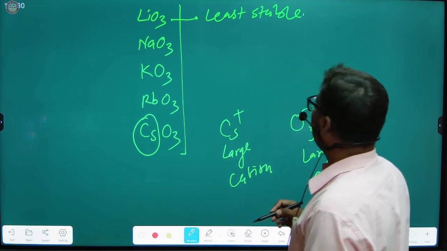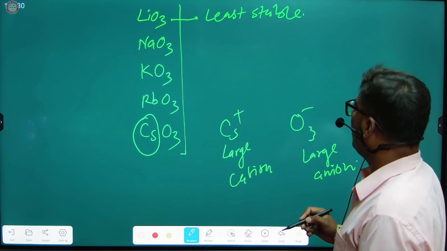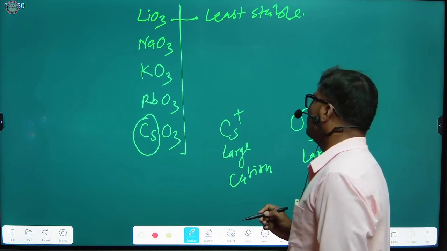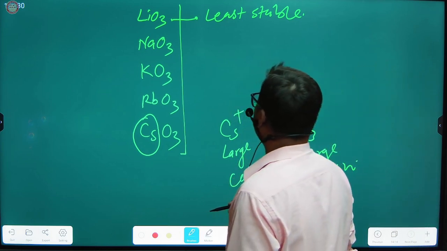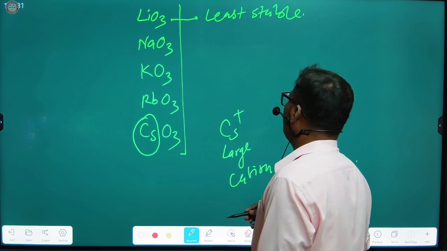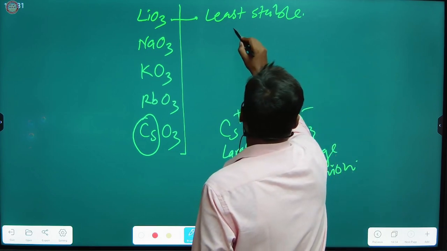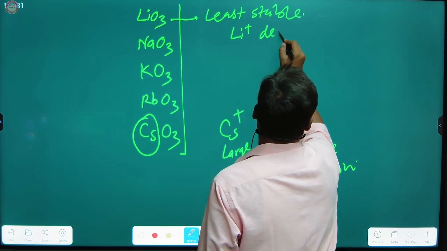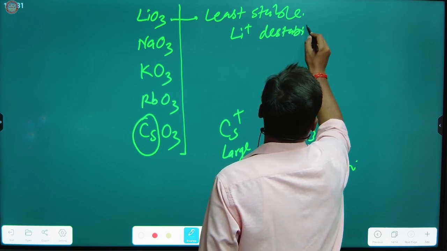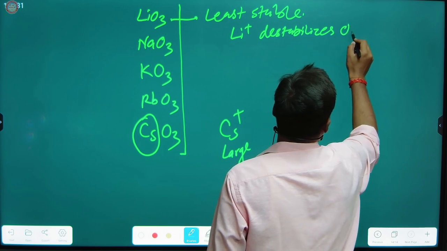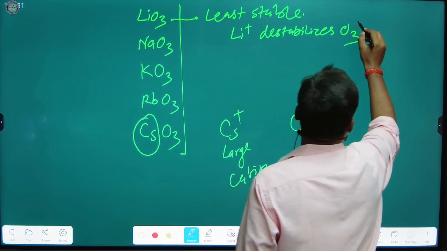Because of the small and highly charged lithium cation, the ozonide ion will not be stabilized in the lattice structure. It means Li plus destabilizes O3 minus.